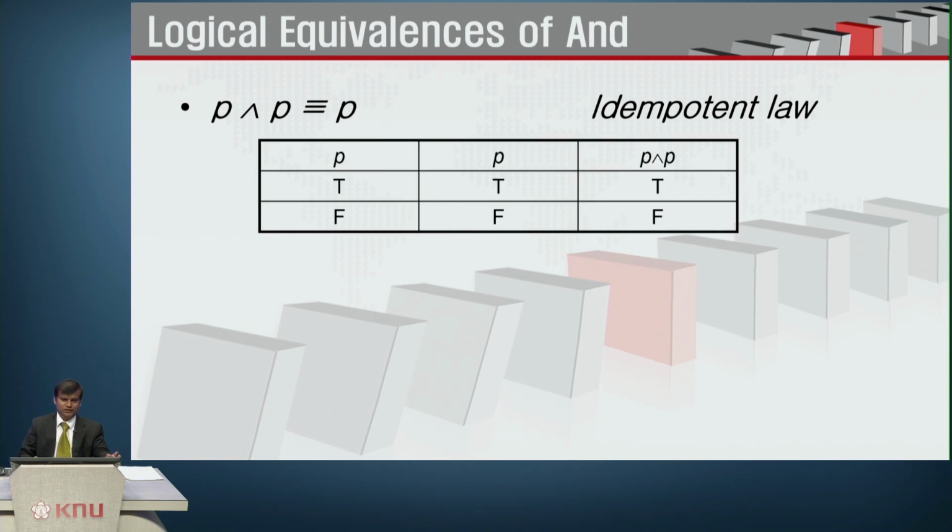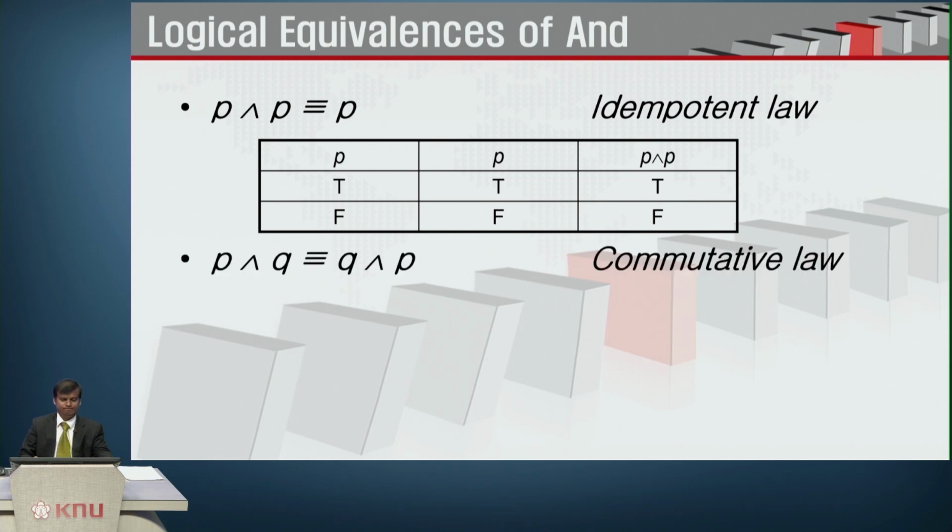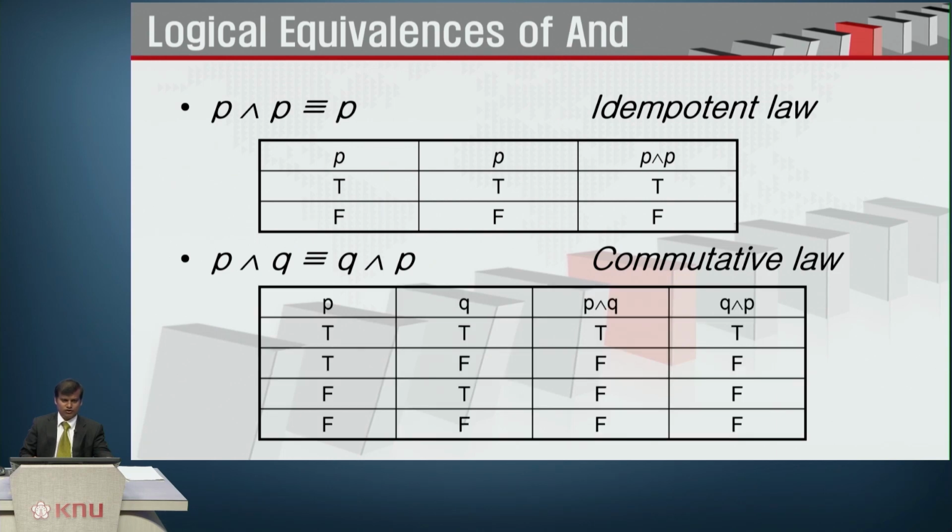So the output follows the value of P. In the same fashion, for the commutative law, P and Q is similar to Q and P. So you can think of this logical expression, and here is the truth table where you are given both P and Q values.